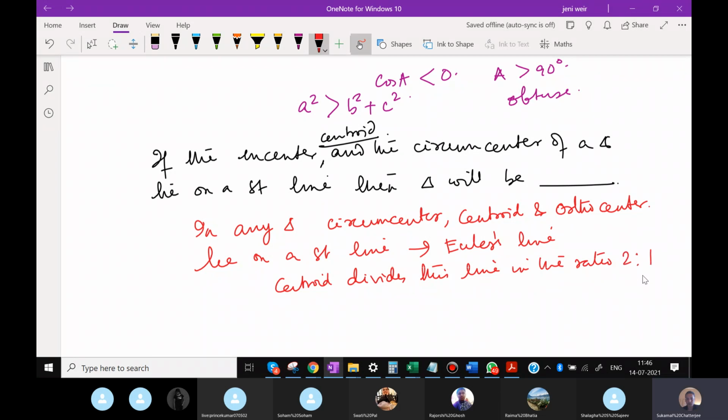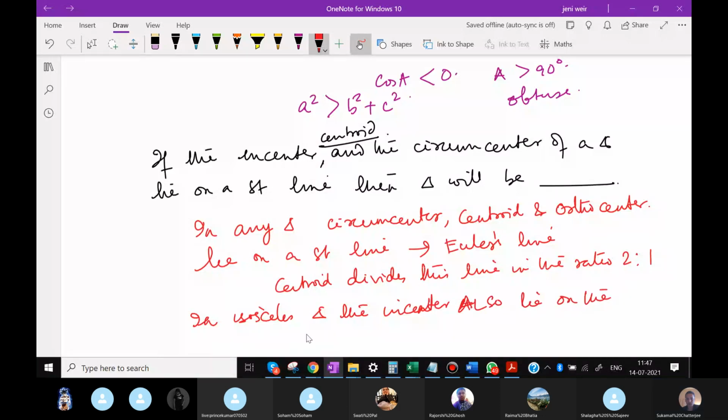So circumcenter to centroid is to centroid to orthocenter will be in the ratio of 2:1. And in an isosceles triangle, the incenter also lies on the Euler's line. That means if the incenter, centroid, circumcenter of a triangle are collinear, then the triangle has to be isosceles.